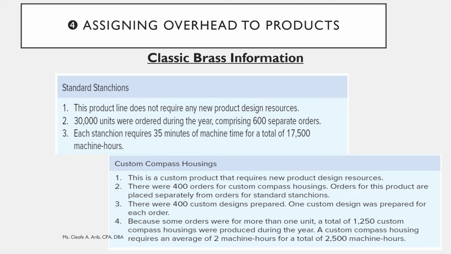First, we will illustrate how to assign costs to products, followed by an example of how to assign costs to customers. So, kindly go over muna yung additional information na binigay sa atin from Classic Brass. So, you have additional information for products ng standard stanchions as well as additional information for your custom compass housings.